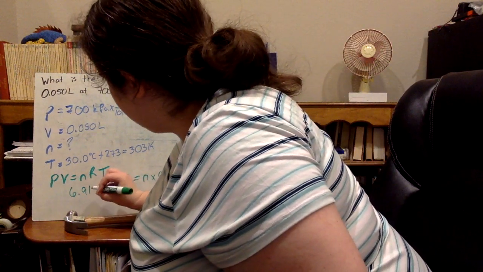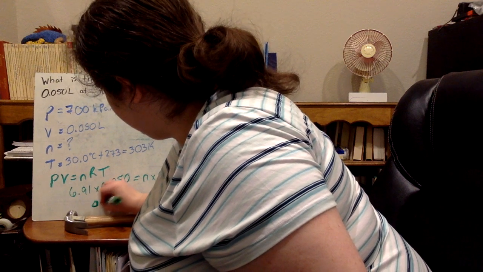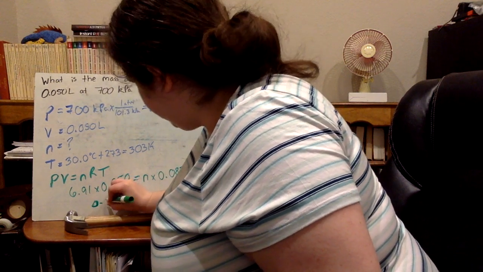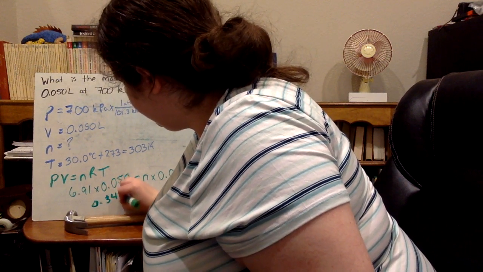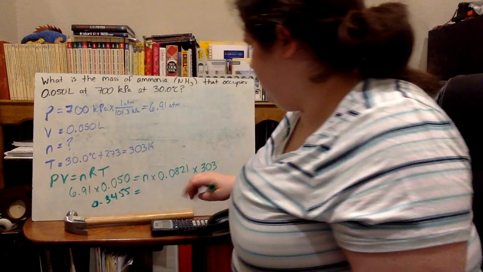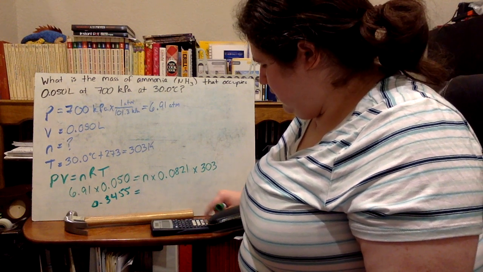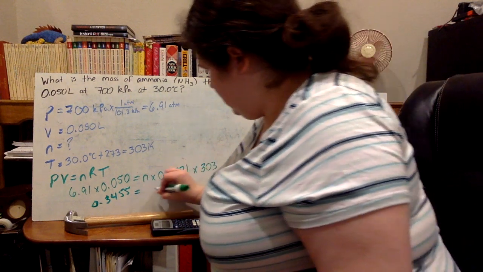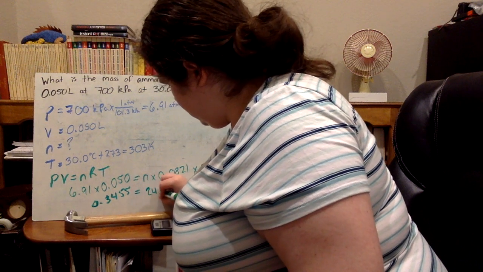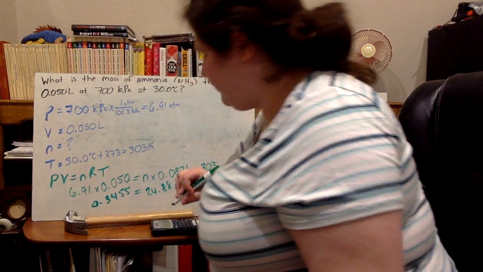is 0.3455, equal to 0.0821 times 303, which is 24.88 n.